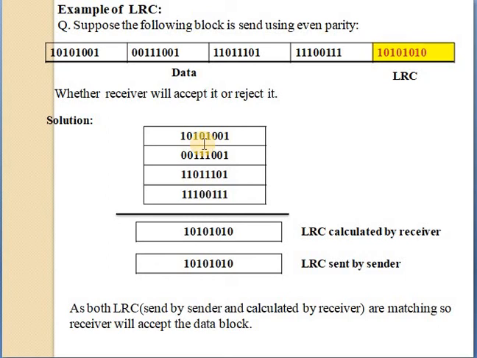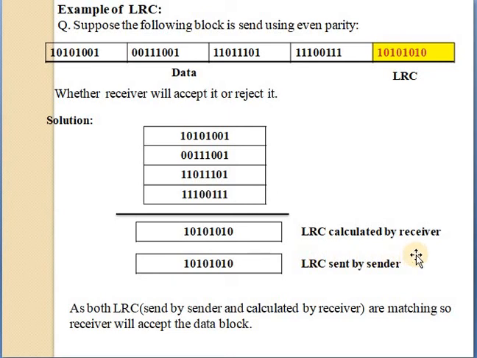In the fifth column the number of ones is 2, so we add an even parity bit of 0. Here again the number of ones is 3, so we add a 1. In the seventh column the number of ones is 2, so we add a 0. And in the last column the number of ones is 3, so we add a 1.